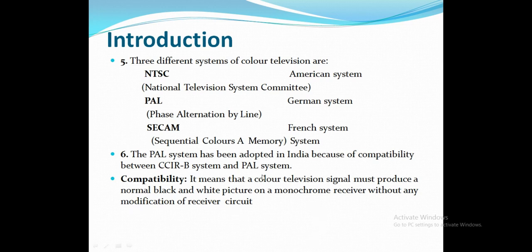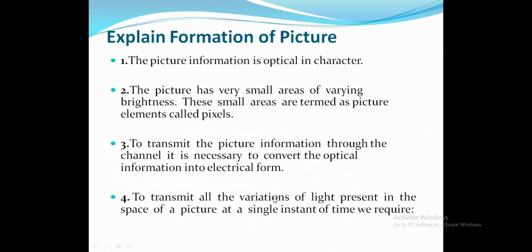Compatibility means that some houses have only monochrome televisions, so the color television signal must produce a normal black and white picture on a monochrome receiver without any modifications of the receiver. That is compatibility.